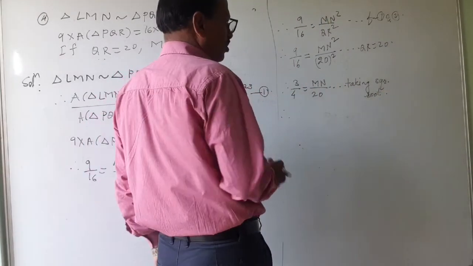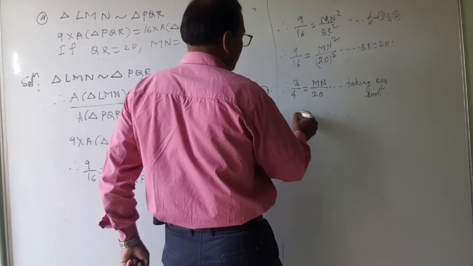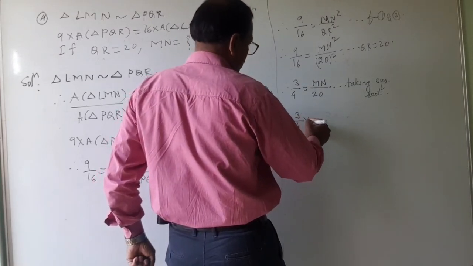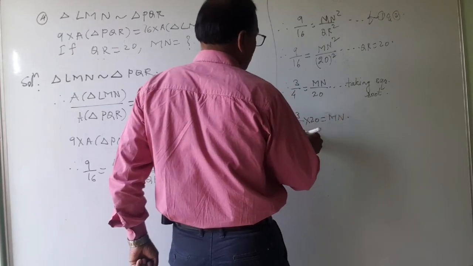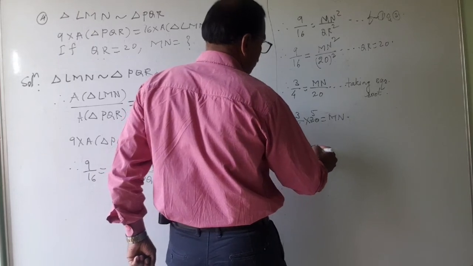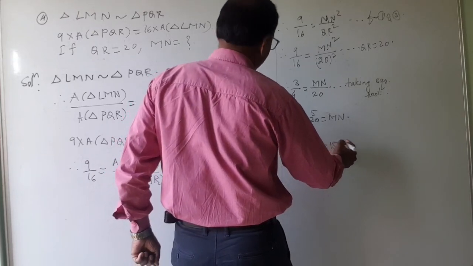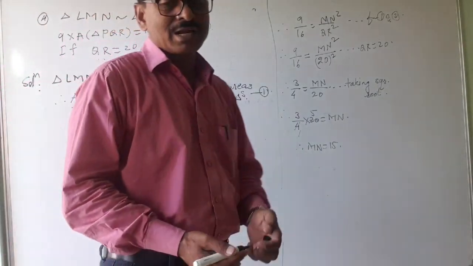Therefore, now do the cross multiplication. So 3 upon 4 into 20 is equal to MN. 4 1s are 4, 4 5s are 20. Therefore, MN is equal to 5 3s are 15. They have not stated cm or m etc. So 15, that would be the answer.